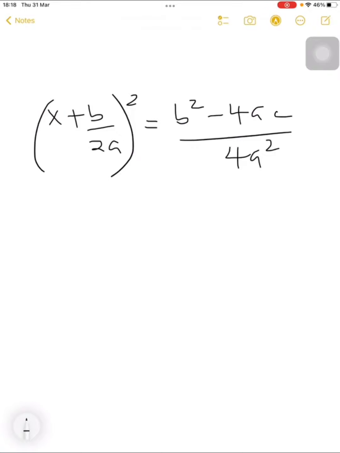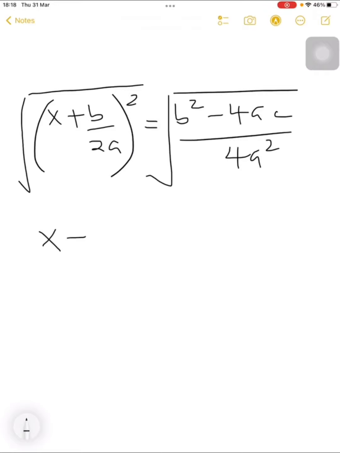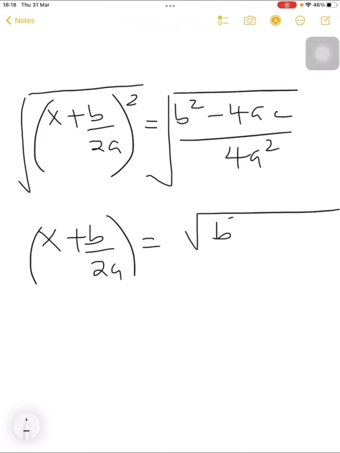For us to get the value of x, we have to find the square root of both sides. So we have to get the square root there and the square root there. So here we'll have x plus b all over 2a is equal to the square root of b squared minus 4ac all over the square root of 4a squared.